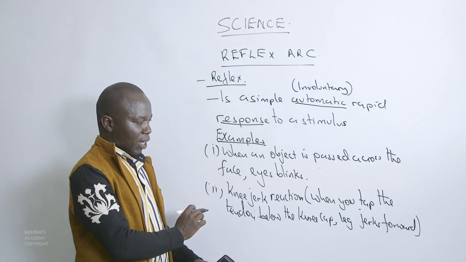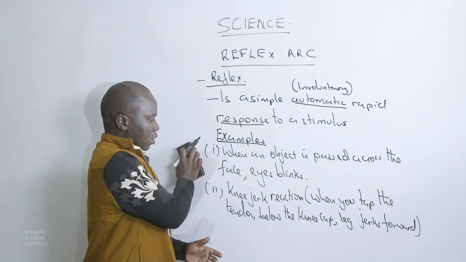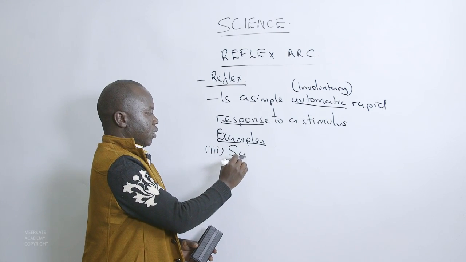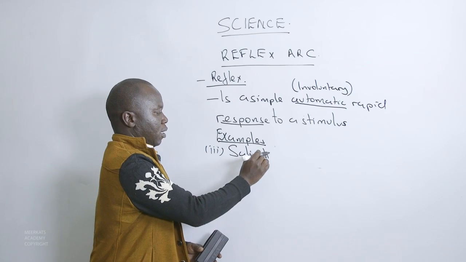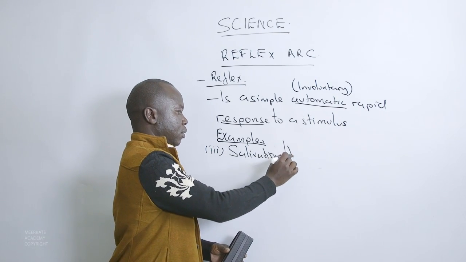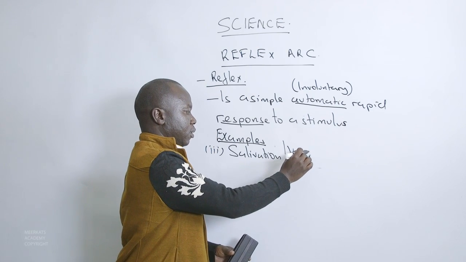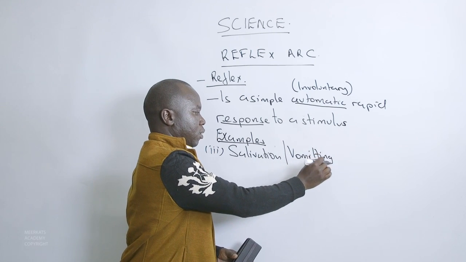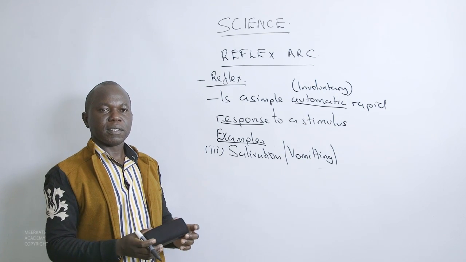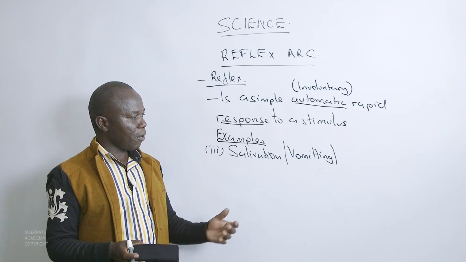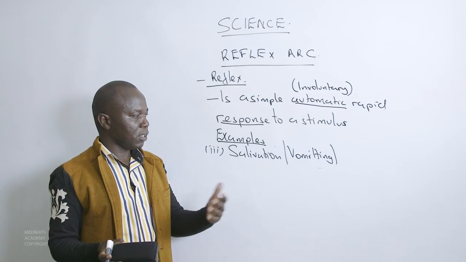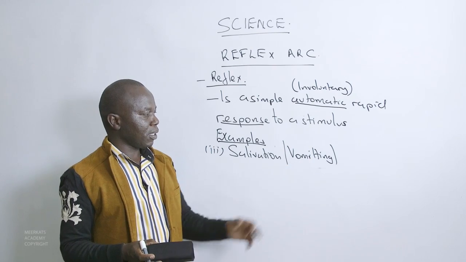So we have several other examples. We have mentioned involuntary reactions like salivation, vomiting. When you eat bad food, and one of the symptoms of maybe a pathogen that causes the disease, we realize that there's vomiting.